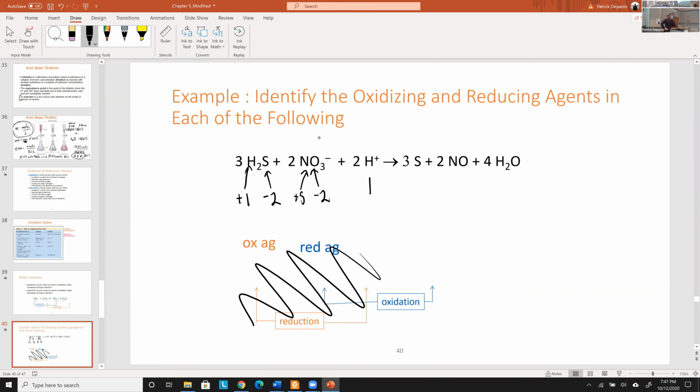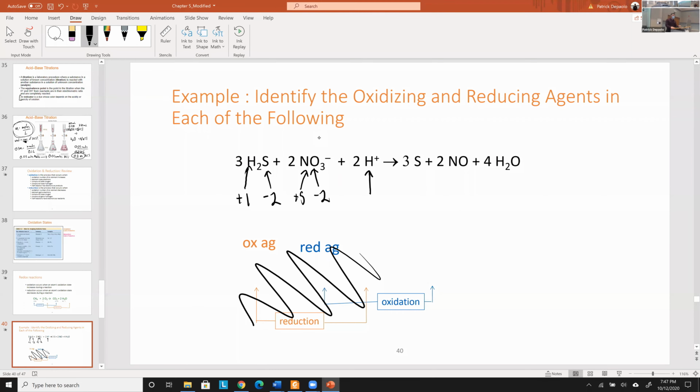Here's another rule that I didn't specifically go over: even if something is in its elemental form, if it's an ion, such as H+, the oxidation number is +1. So the rule for the element being alone always applies unless there's a charge that overrides it.